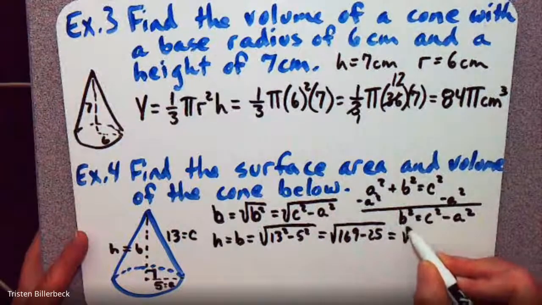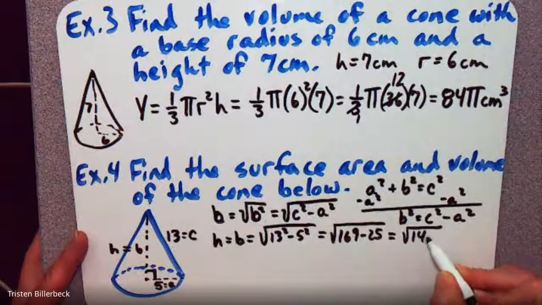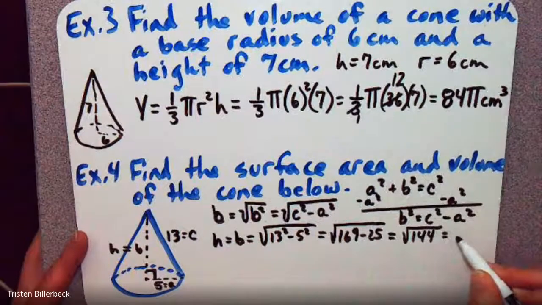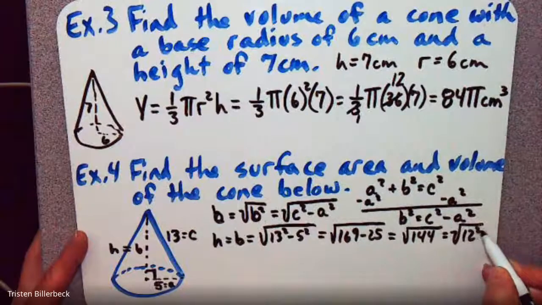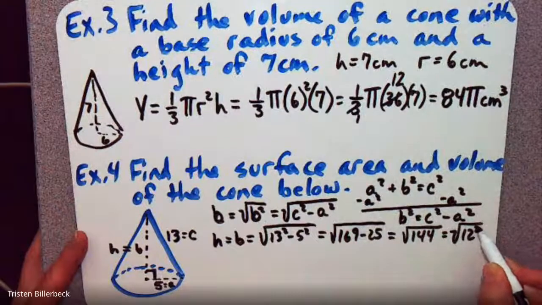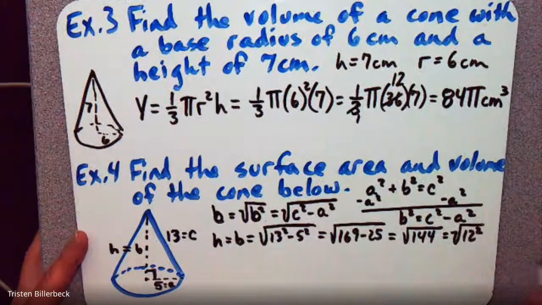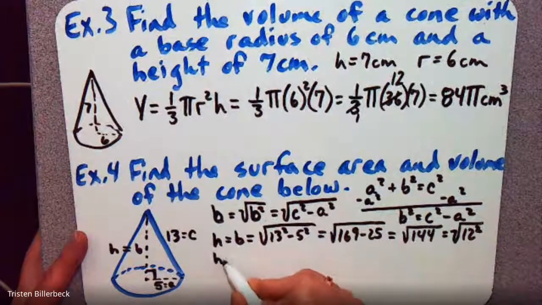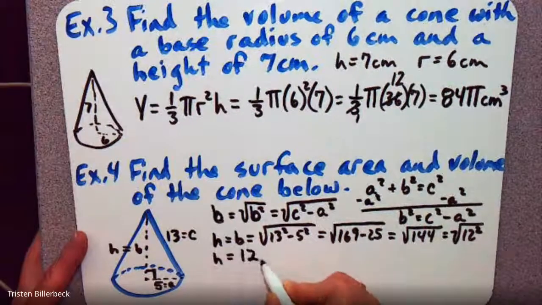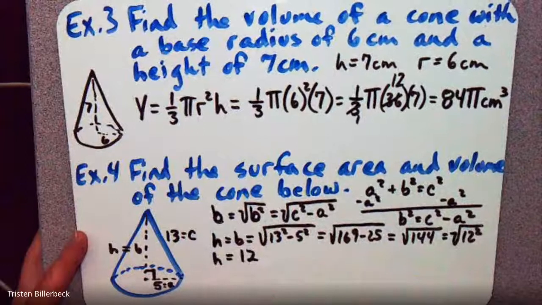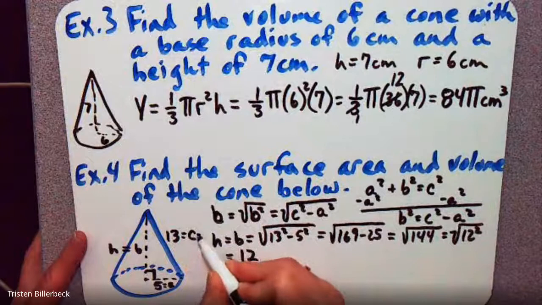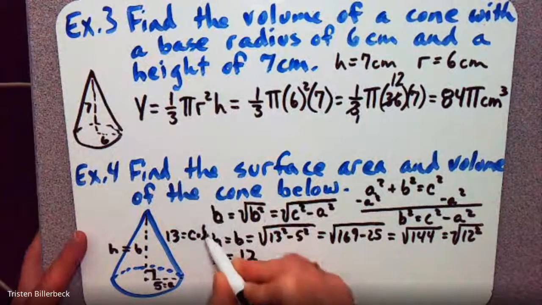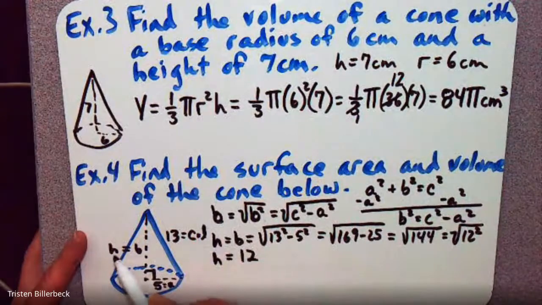And that happens to be the square root of 144, which many of you know is 12, since 12 times 12 is 144. So h is 12. All right, so now we have everything because this is also L. So we have our height, we have L, we have the radius.